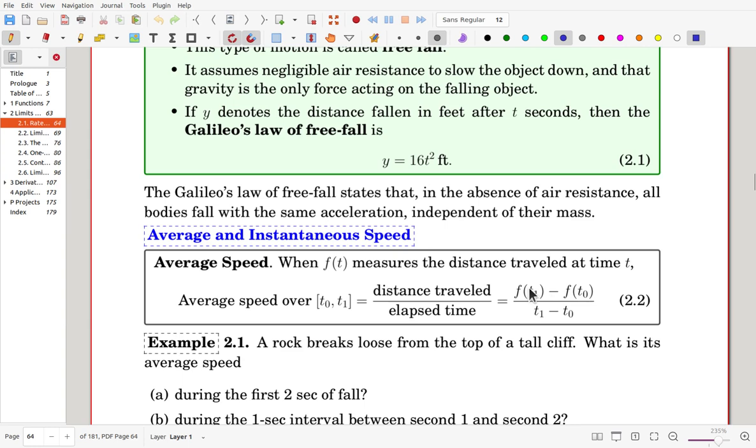That means the change in the distance during the time, divided by the time elapsed. So we say distance traveled divided by time elapsed. That is average speed.